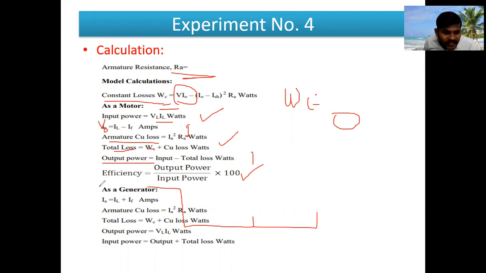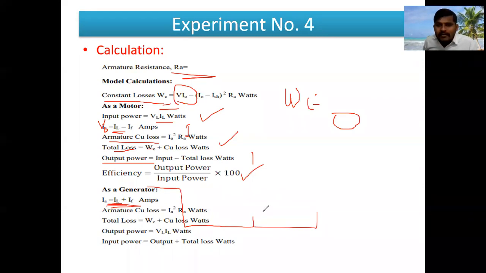And the machine can also be run as a generator. ज्यावेळेस मशीन जनरेटर म्हणून रन होते त्यावेळेस चेंज काय होतो, आर्मेचर करंट IA इज इक्वल्स टू IL प्लस IF येतो. याच्यामध्ये IL मायनस IF असेल, इथं IL प्लस IF असेल. And then we calculate the armature copper loss. After that, we calculate the total losses, that is WC plus copper loss.